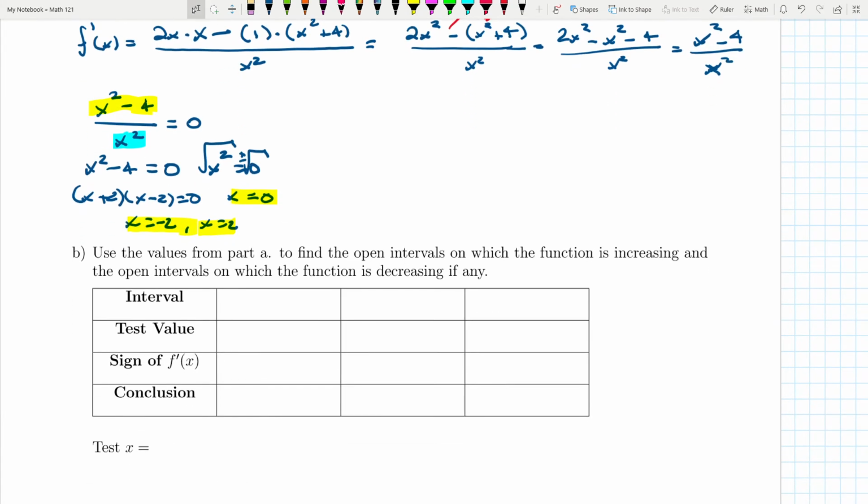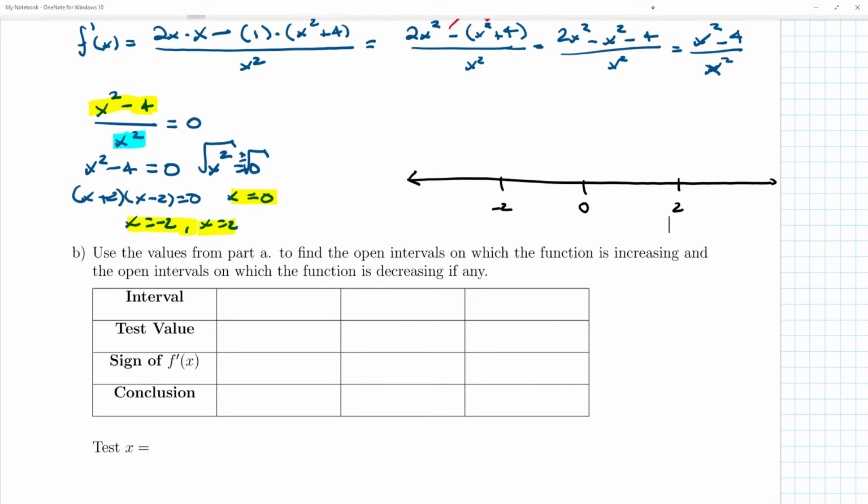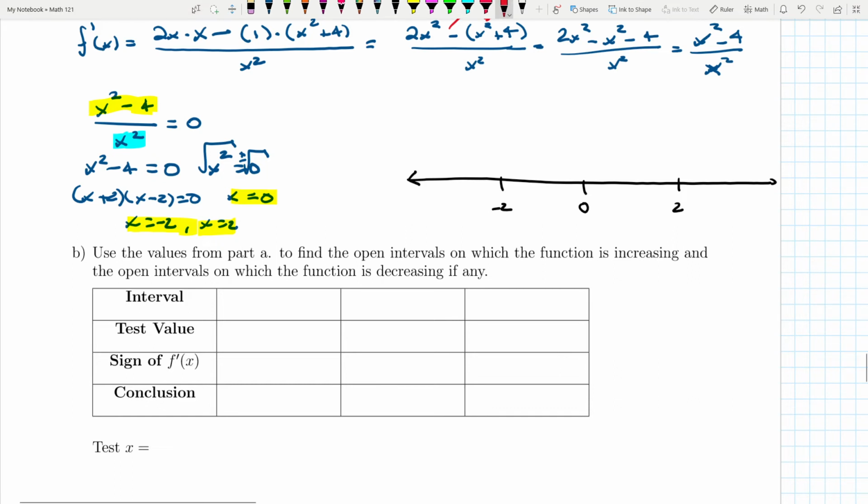So what are we going to have over here? Let's do our number line. The one in the middle will be our 0, negative 2, and 2. In this case, we are going to have 1, 2, 3, and 4 intervals to test, which means, again, I needed an extra column on this box.